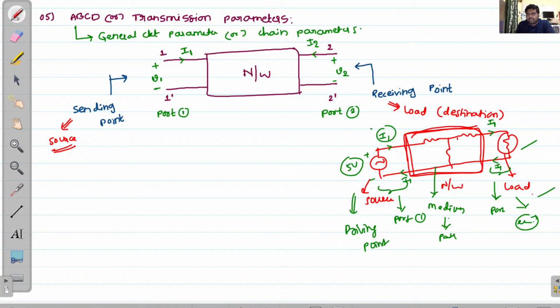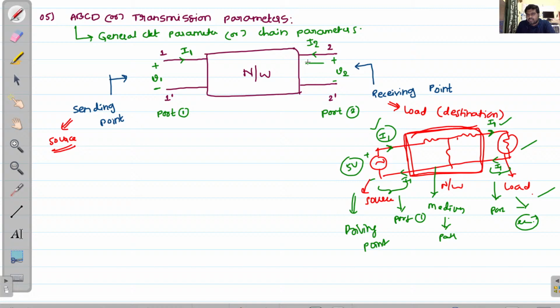That's why here we are taking the I1 current direction in this fashion, and here also the current direction is taken in this fashion, I1. But in our standard reference two-port network model, the current direction at port 2 is indicated in this direction, but according to our transmission parameters, the current direction should be towards the second terminal, right?